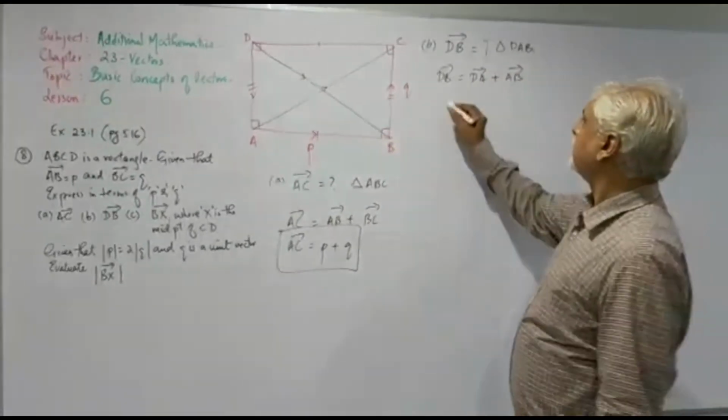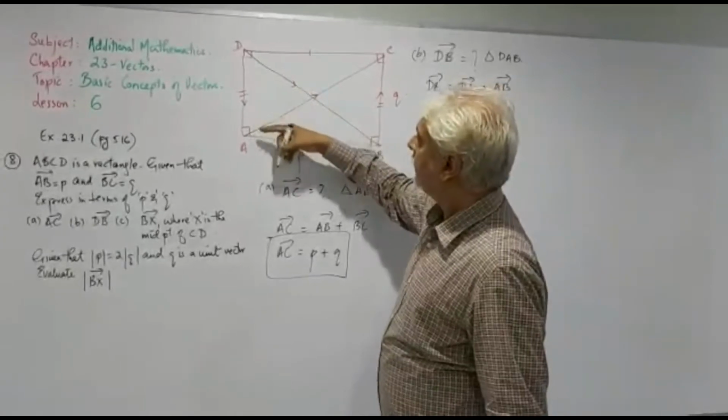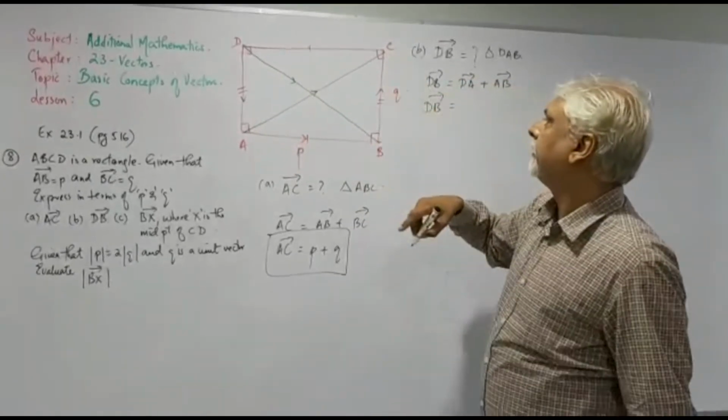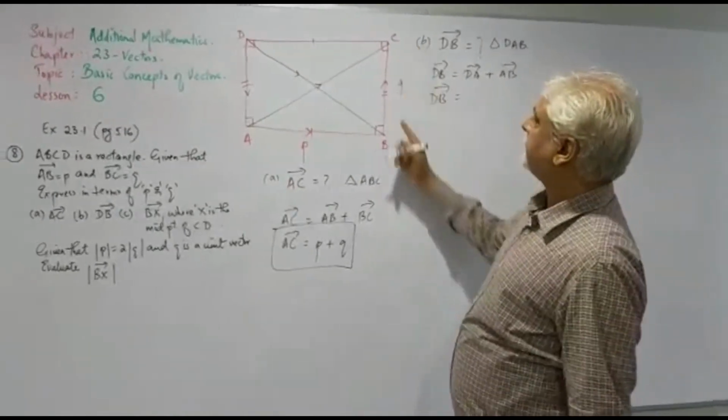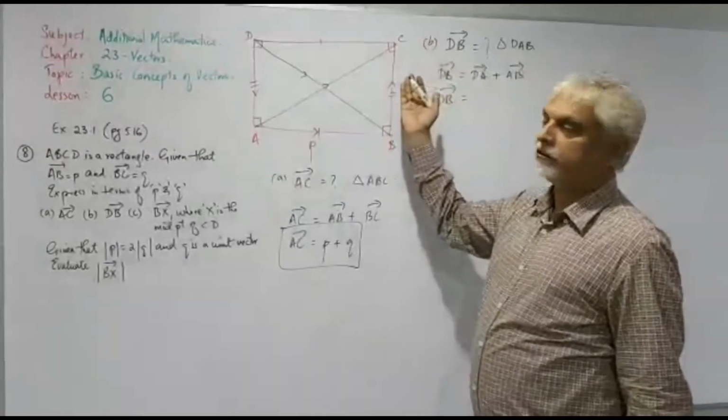So DB is equal to, now what is DA? Do you know that DA is equal to CB? Since the vector is going towards B and C, if the direction changes, the sign will change.